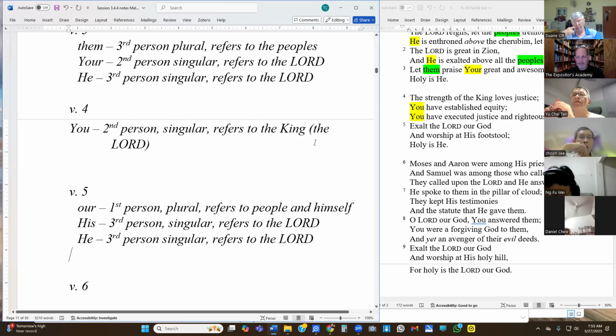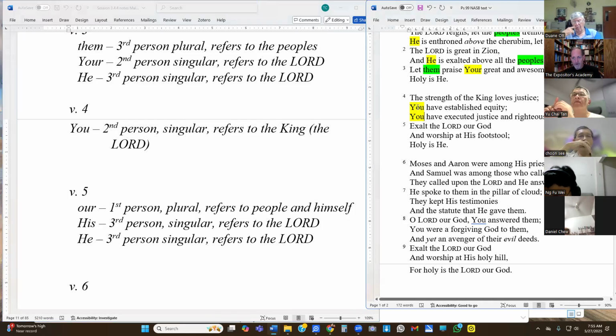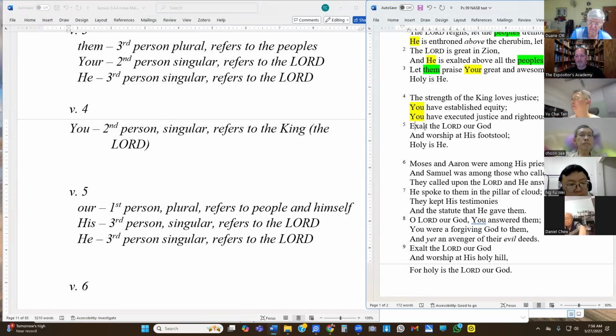Great. Now again, notice verse 4 is personalized, right? He's speaking directly to the Lord: you have established, you have executed. But then in verse 5, he goes back and now he's giving a general instruction, an imperative, a command to the people, specifically, as Shulong noted, the people of God: exalt the Lord our God and worship at his footstool.